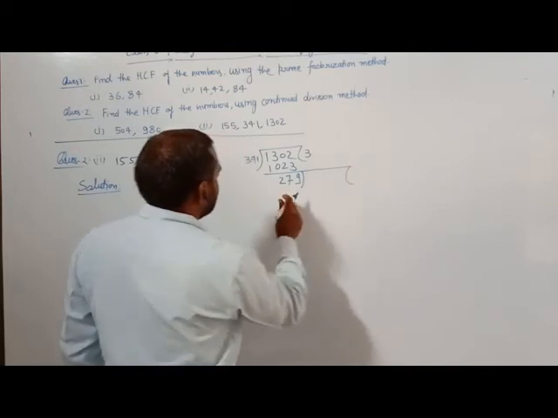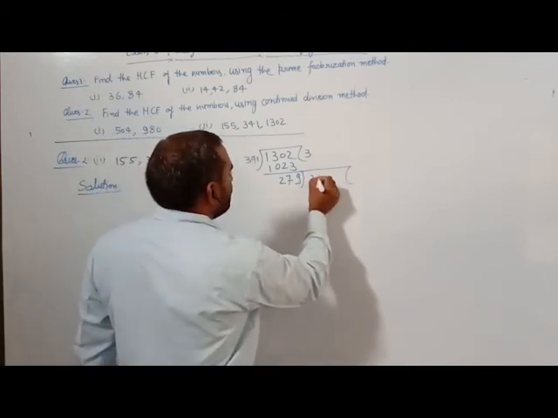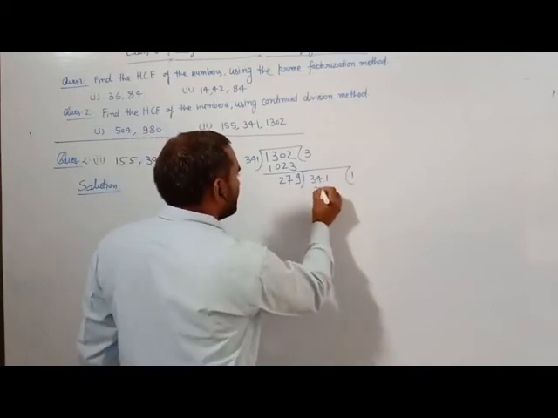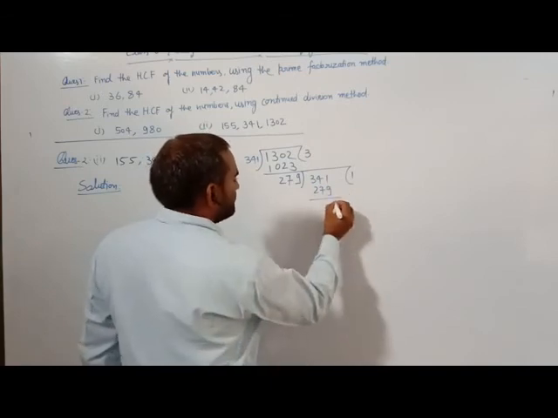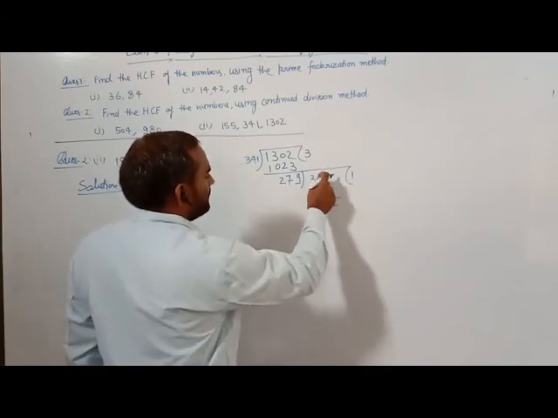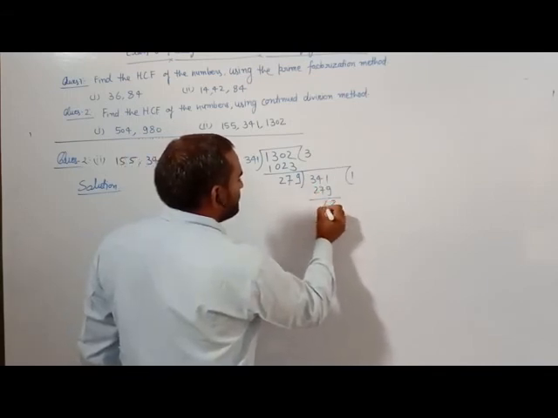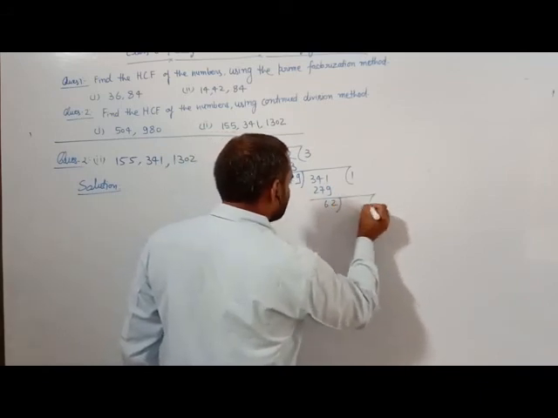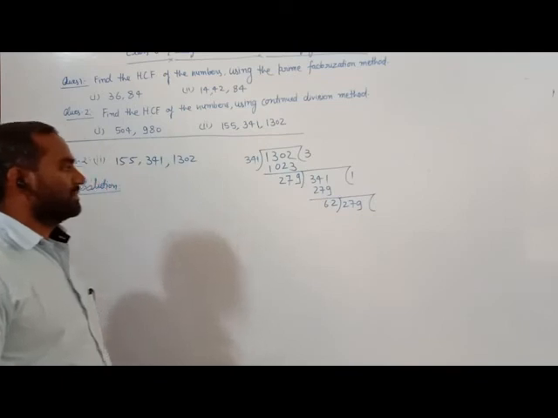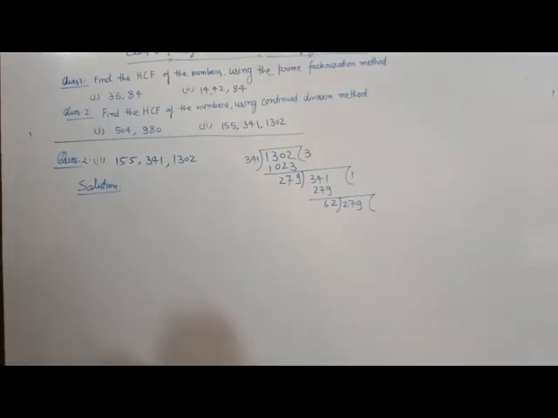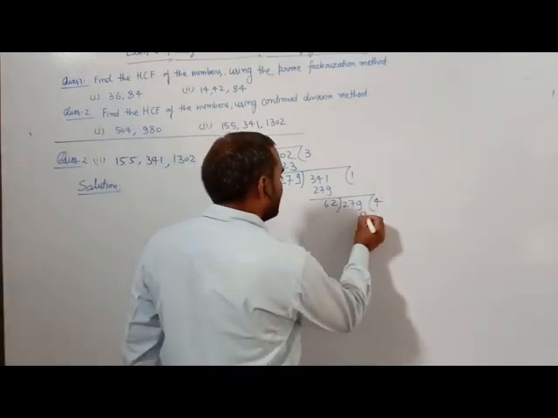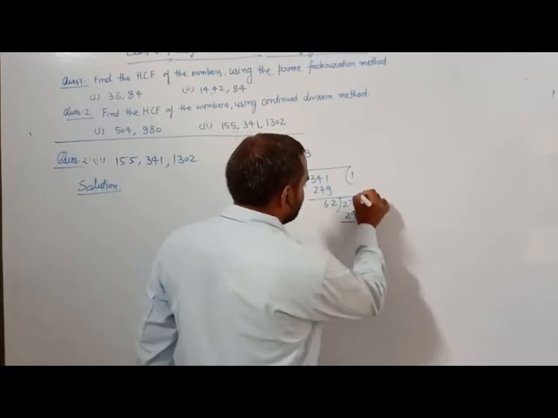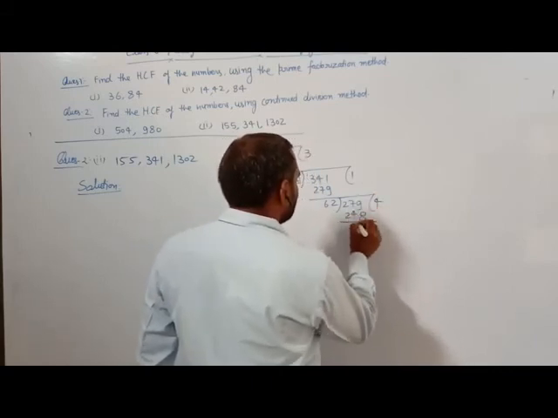Then the previous divisor 341 divided by the remainder 279 goes 1 time. The remainder is 62. Then 279 divided by 62: 4 times. 4 2s are 8, 4 6s are 24. Subtracting gives 31.